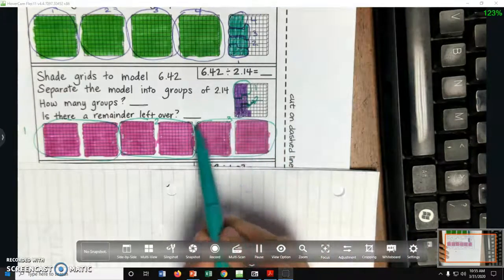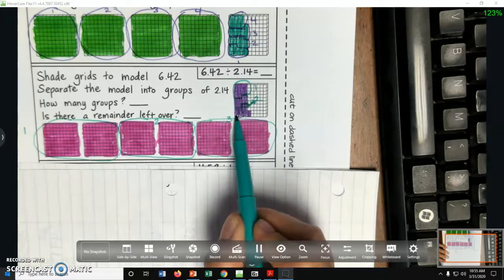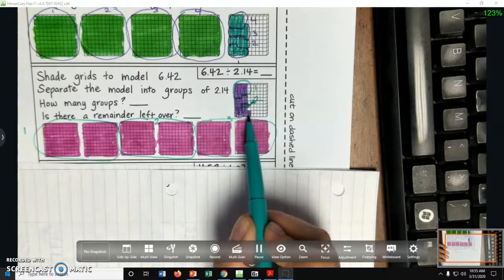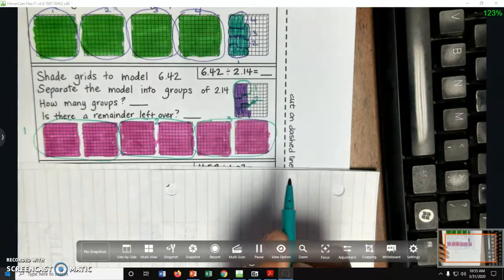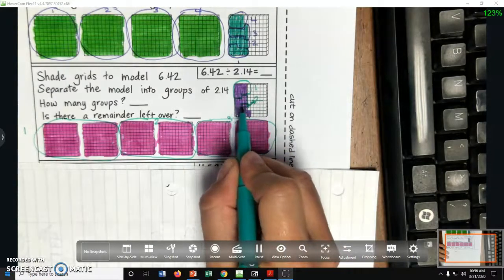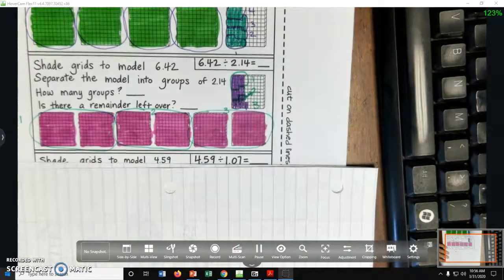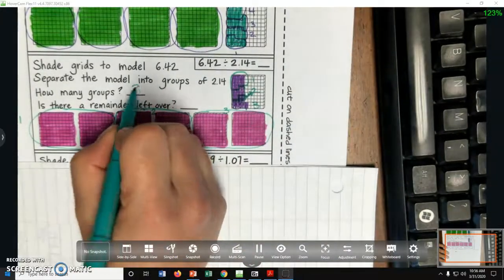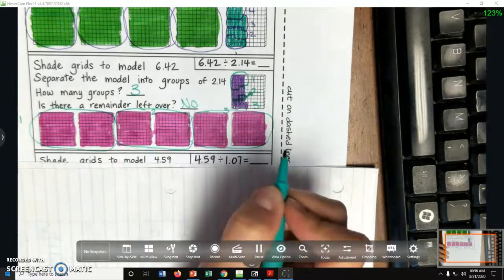And then your last group, third group here, 2 wholes, and then you're left with these last 14 hundredths. 5, 10, 11, 12, 13, 14. Okay, so it's all of those. It's hard to write with the pen or you're going to cover them up. So there's your last one. How many groups are there? There's 3 groups. Were there any left over? No, we used them all.